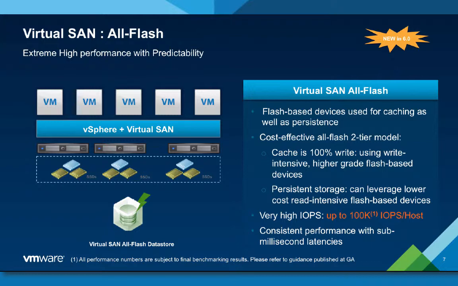Additionally, we're looking at ridiculously high IOPS, up to 100,000 IOPS per host. Take that same idea we had a moment ago inside of the hybrid array, looking at 40,000 IOPS per host. And now we take that by another 1.5 times, and we're seeing some really dramatic amounts of density and some tremendous scale possibilities.